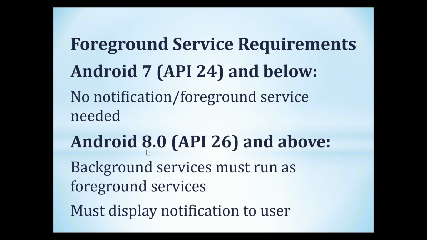But if you are targeting Android 8 and above versions, then you will have to run background services as a foreground service, and you will also have to show a notification to the user. Later on in the code, we will see how we can run a background service as a foreground service and how we can show a notification to the user.